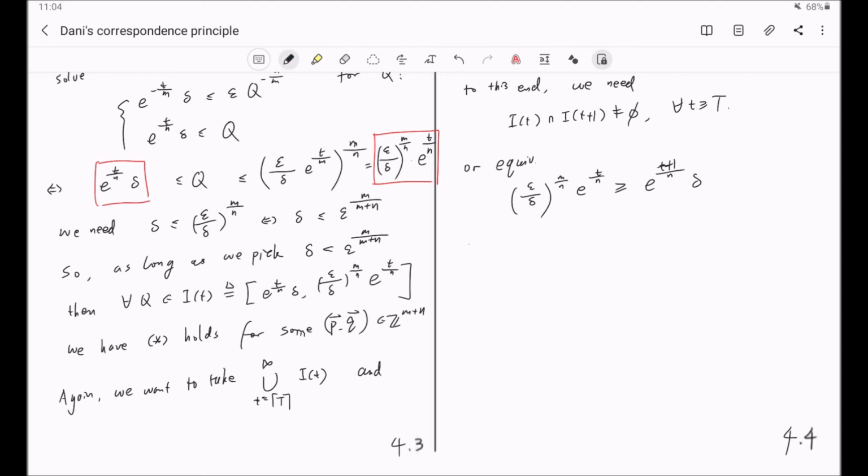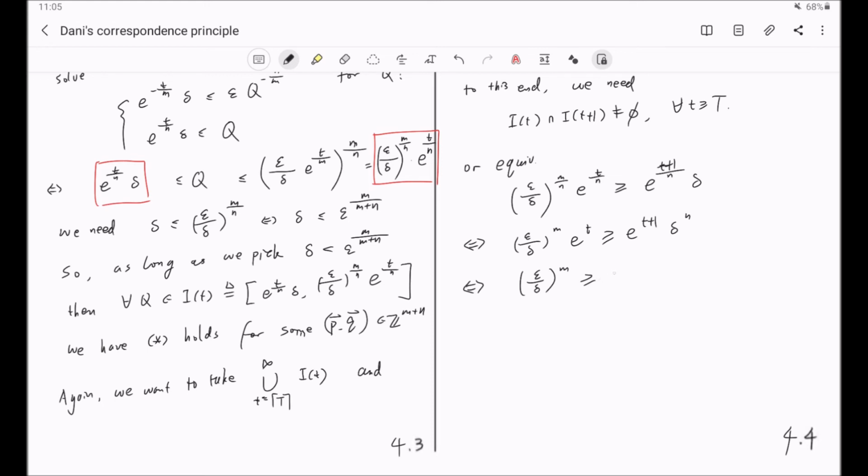And now let us simplify this. If you raise both sides to the power n, you get this. And this is equivalent to, so now you can cancel e raised to the power t and e raised to the power t here.